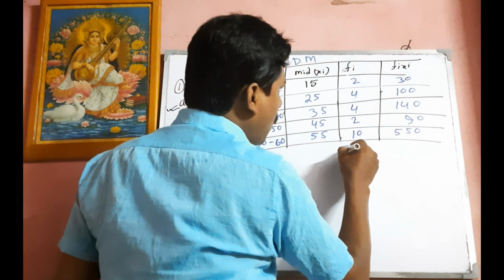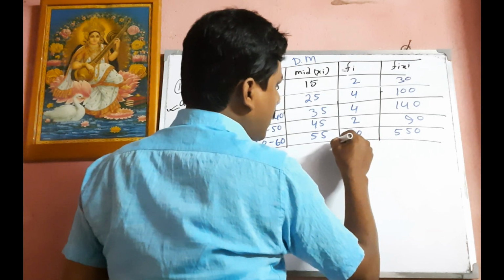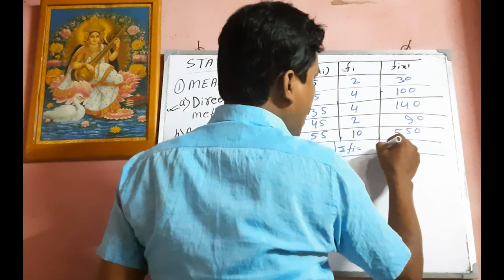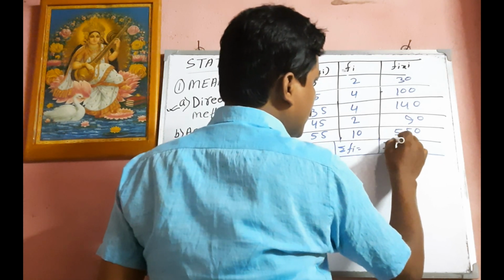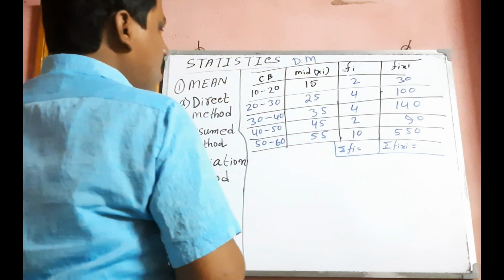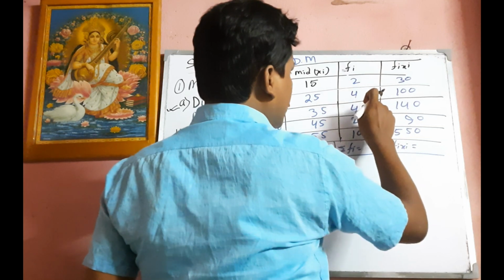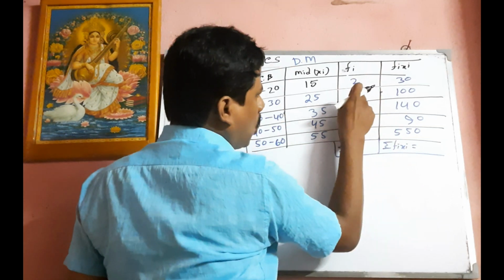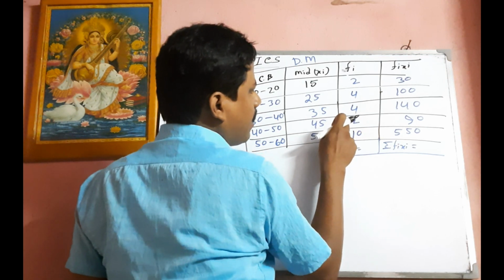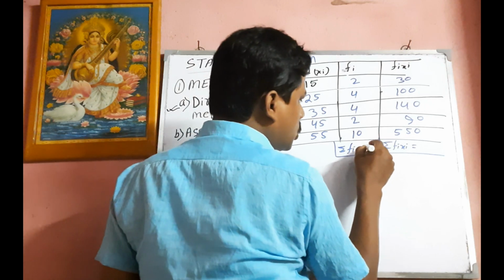Now the sum of fi and the sum of fi xi. The sum of fi: 2 plus 4 is 6, 6 plus 4 is 10, 10 plus 2 is 12, 12 plus 10 is 22.